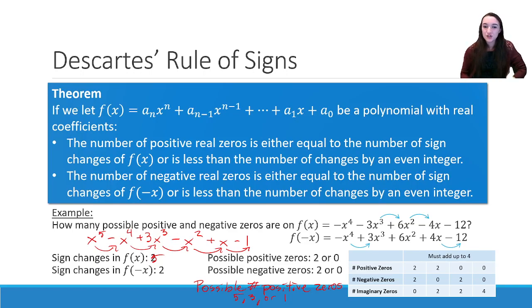We had 5 changes, which means we have either 5 zeros, 3 zeros, or 1 zero, and then we stop. Similarly, where we had possibly 2 zeros or no zeros, and then we stop. So there is not a possibility of no positive zeros here. There has to be at least one, because the next counting down by 2 would have been negative 1, and you can't have negative 1 zeros. So again, these are numbers of zeros, not the actual zeros themselves.